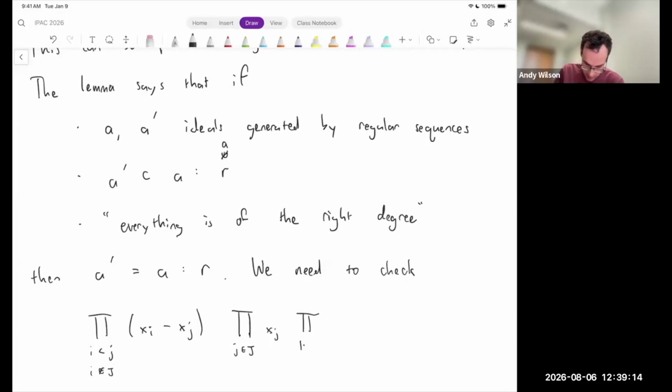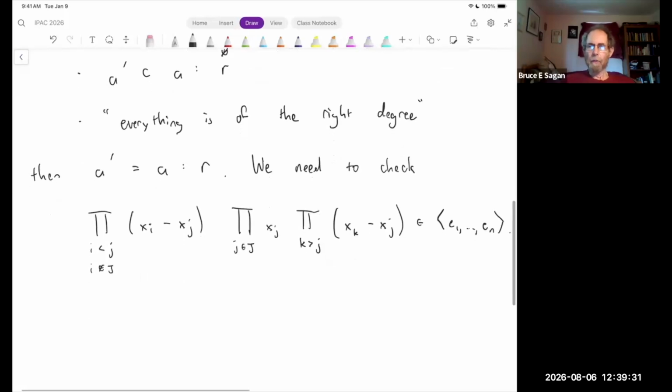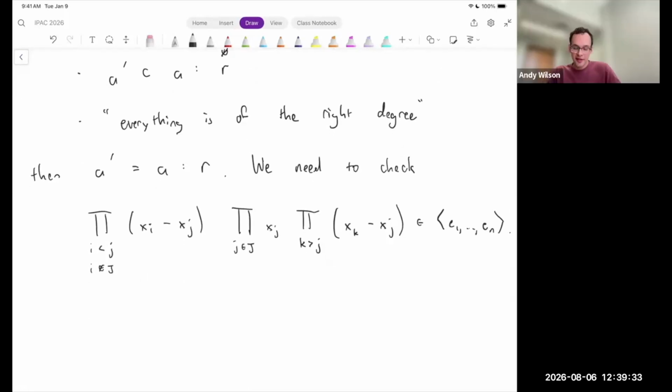I'll use K just to be a little bit careful. We need to check that this is in the usual invariant ideal. Okay. And we need to check degree conditions, or are they obvious? Yeah. So the degree conditions are basically exactly that.